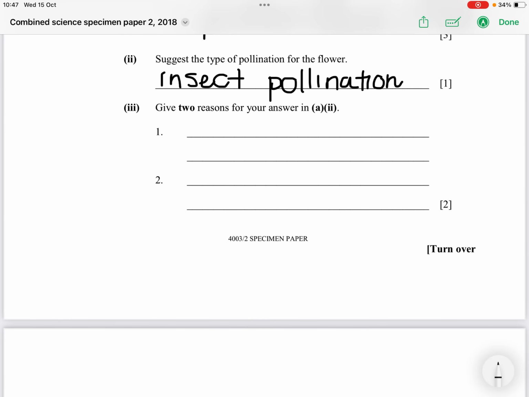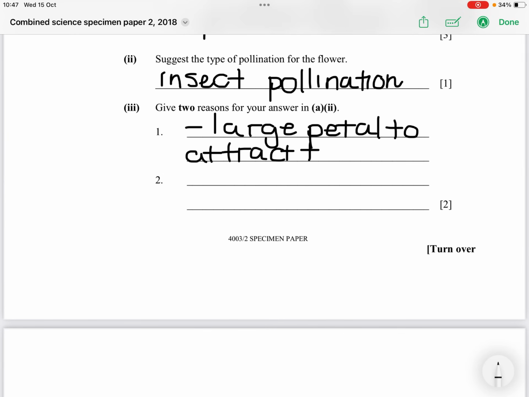And then give 2 reasons for your answer in A part 2. Can you see that the petal is large so that it can be easily spotted by the insect? So we talk about the large petal to attract the insect. And also, when we are giving the characteristics of an insect pollinated flower, can we see that the stigma is deep within the corolla?